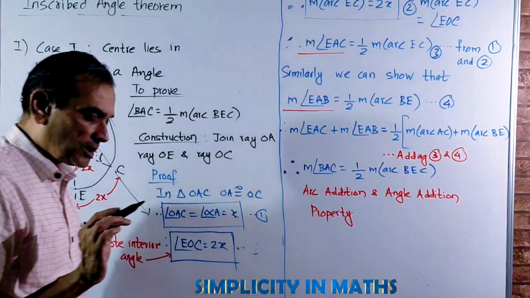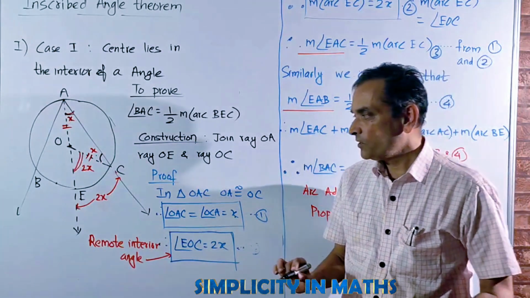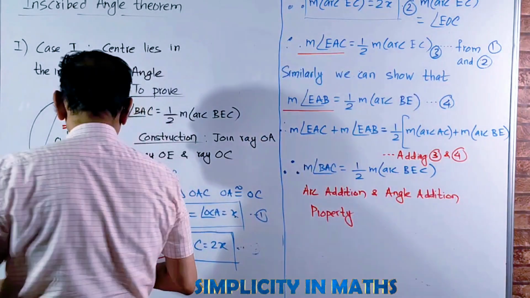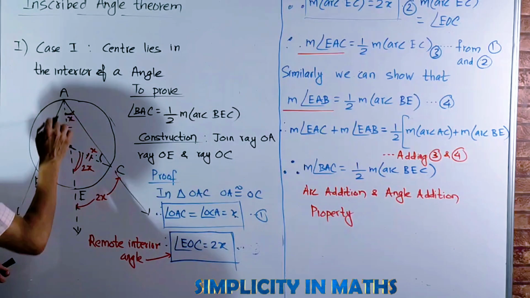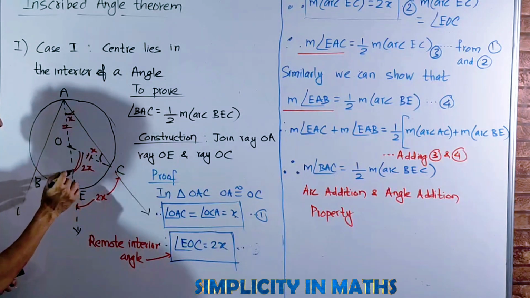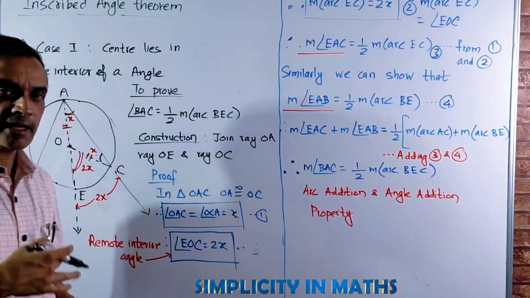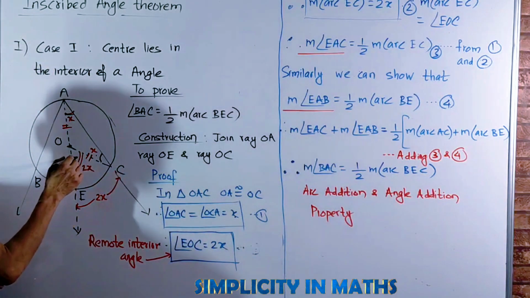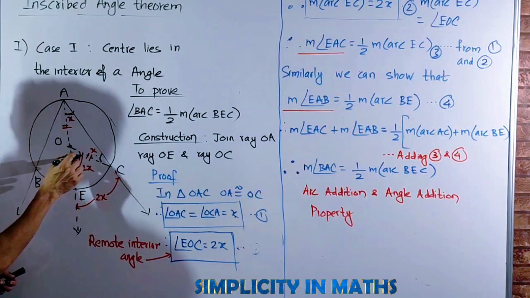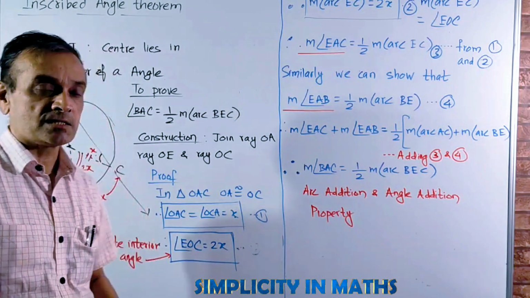Now, there is another important theorem, the remote interior angle theorem, which says, observe, for triangle AOC, EOC is the exterior angle. This angle is called an exterior angle. It is outside the triangle. Now, this exterior angle is equal to the sum of the two remote interior angles.